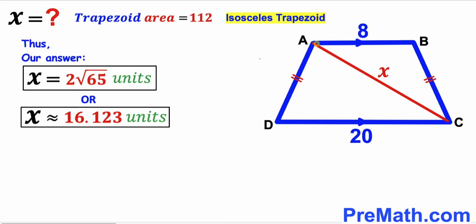So our diagonal AC equals x, which is 2 times the square root of 65 units, approximately 16.123 units. And that's our final answer.